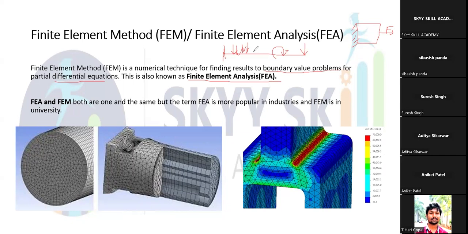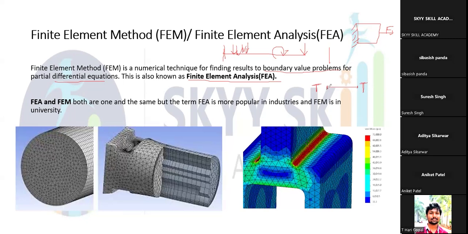Here I'm having a rod. Here I'm applying some kind of temperature, and here also I'm applying some kind of temperature. In this body, this portion is fixed, and in this region I'm applying a temperature, and in this region I'm applying a different temperature. So what is going to happen inside this body?